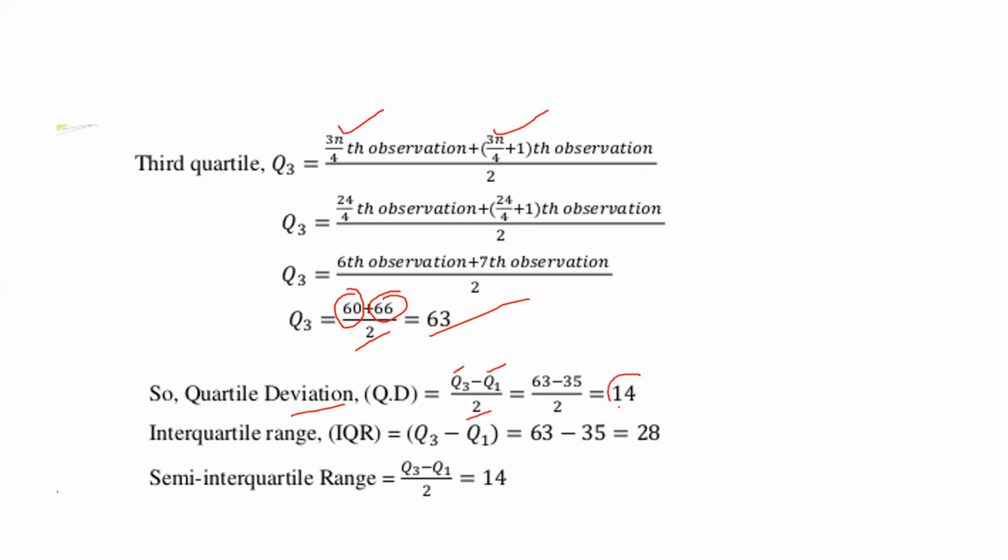Interquartile range is the upper quartile minus lower quartile. And the semi-interquartile range we can say is the upper quartile minus lower quartile divided by 2, equal to 40. So Q3 is known as the third quartile or upper quartile, and Q1 is known as the lower quartile or first quartile.